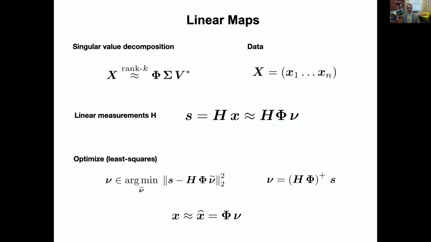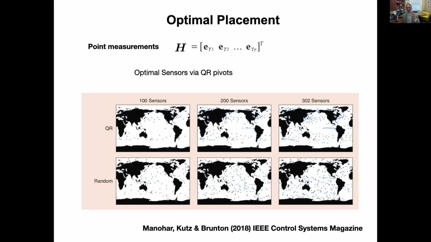In this formulation, I just put sensors down, but I didn't tell you where I put them. So maybe I put them in terrible locations. Wherever I put them, I tell you how to do the best you can with where I put them. But really what I should be determining is, where should I put them in the first place? So my optimization problem has to take into account the fact that I should figure out where is the best place to measure my system.